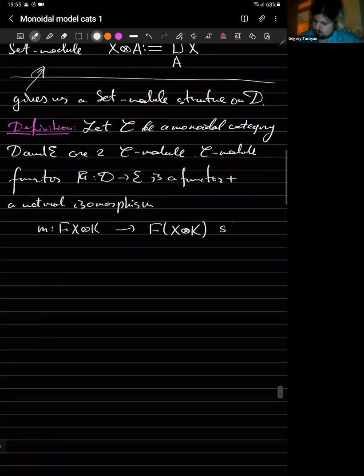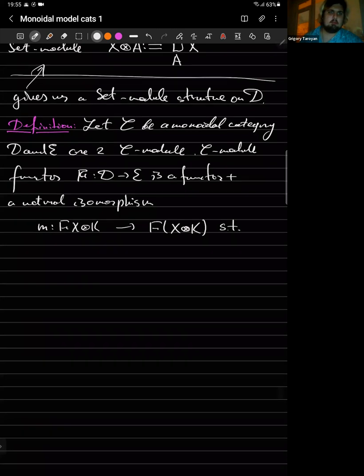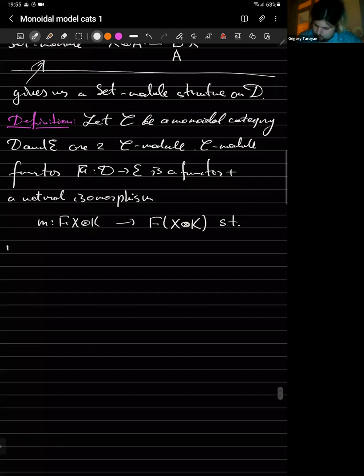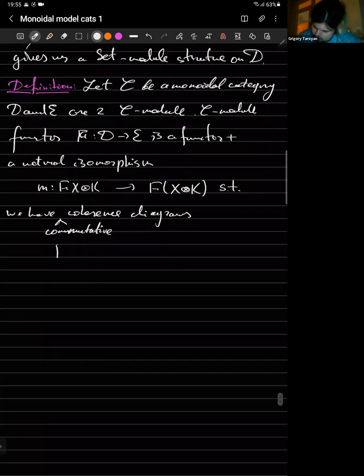And such that we have coherence diagrams, commutative, obviously. So let me give you an example of a coherence diagram.